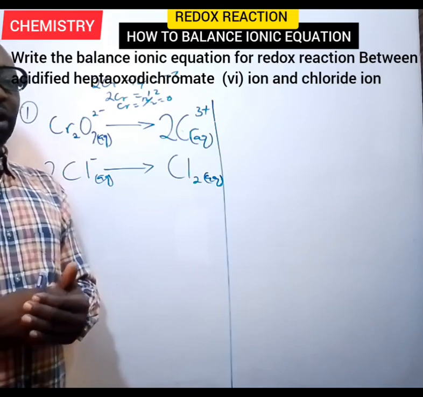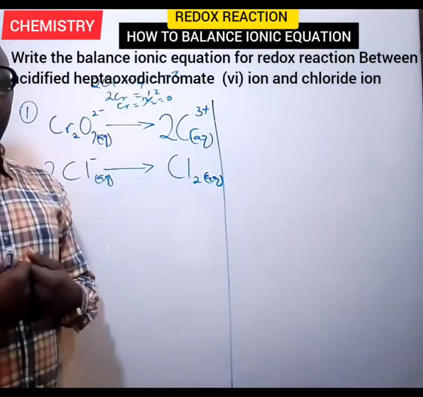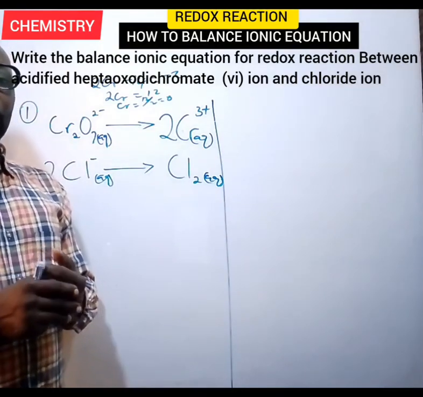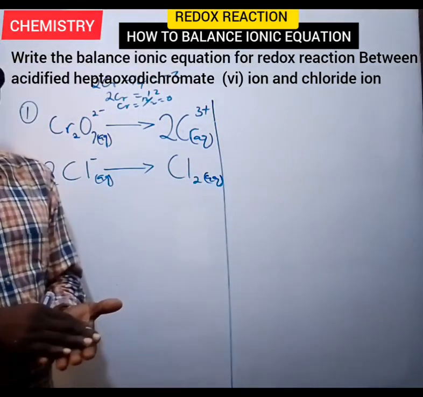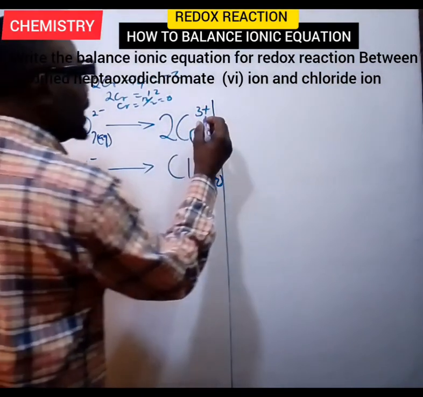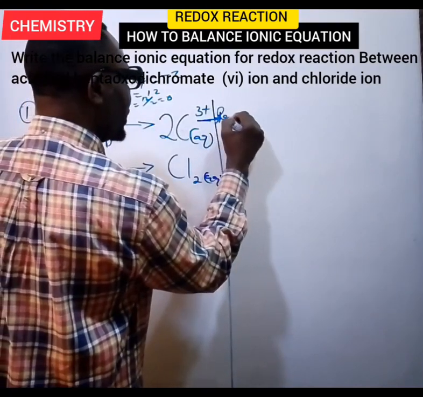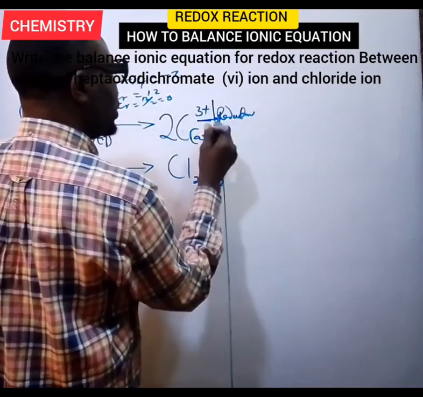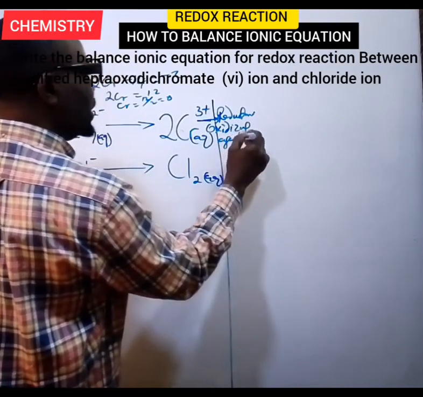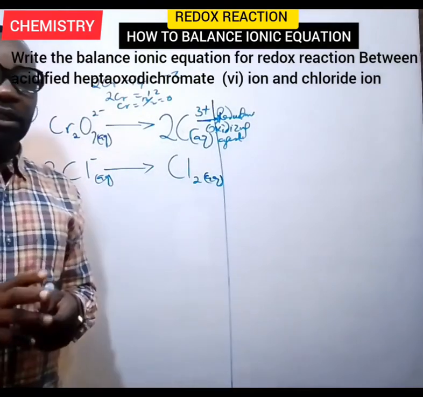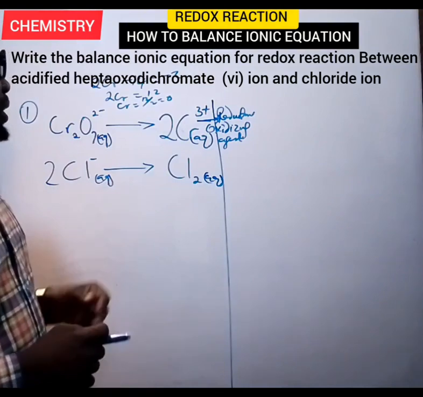While reduction is the gain of electrons, which leads to a decrease in oxidation number. So what happened here? This process undergoes reduction. And this is going to be the oxidizing agent. Cr2O7 2- is our oxidizing agent.